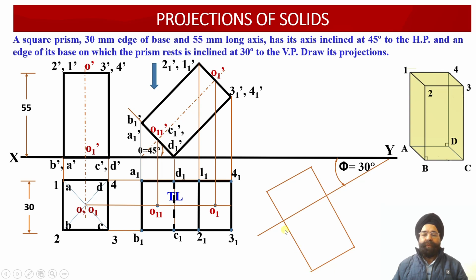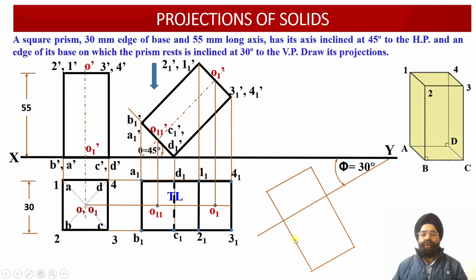Once we mark these two distances, this rectangular projection will be transferred over here. And finally, the distance between C1 and 2,1 and the distance between D1 and 1,1 we also know, so we are going to mark them.